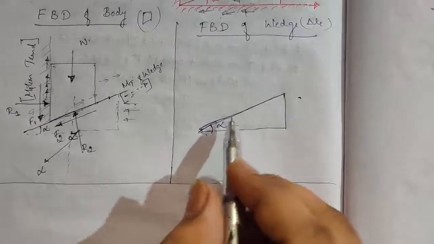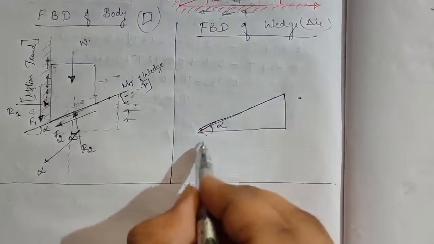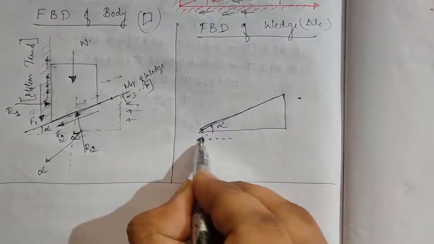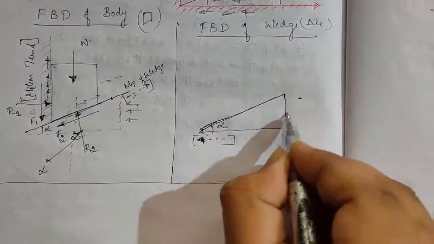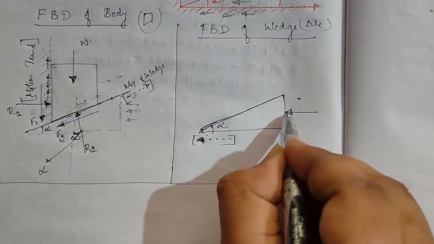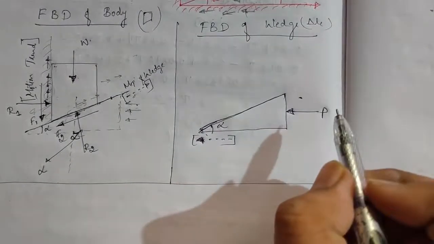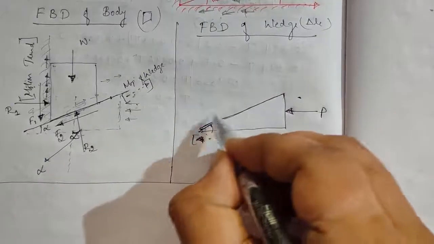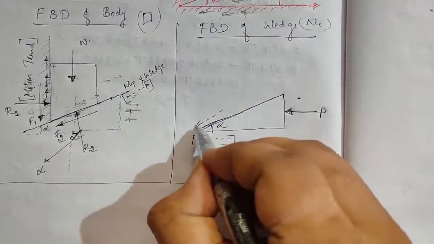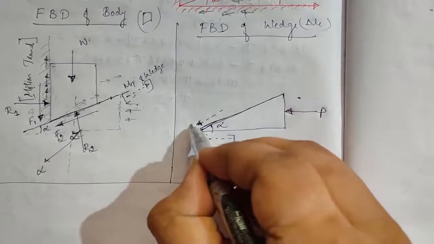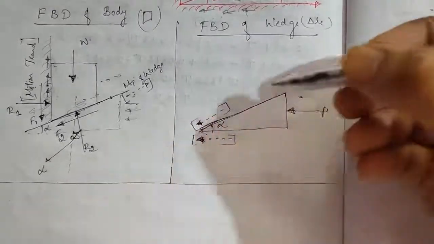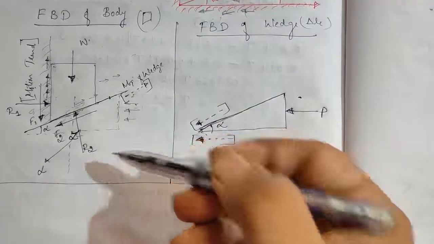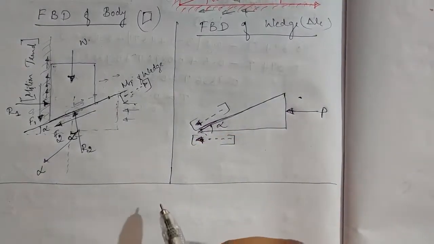So what is this motion? It's coming towards the left, due to the force P. As it is coming, this plane also comes like this, so it has two faces. This face also coming like this, and this horizontal face also coming like this towards the wall.